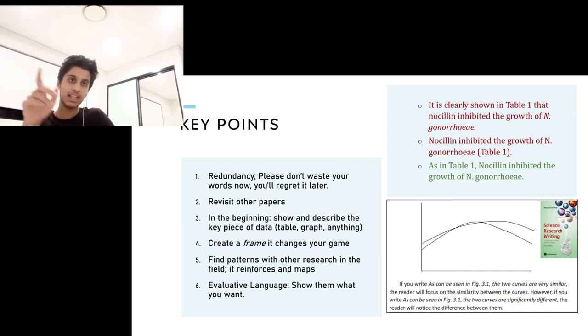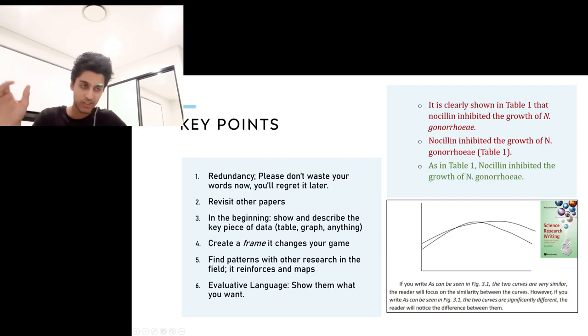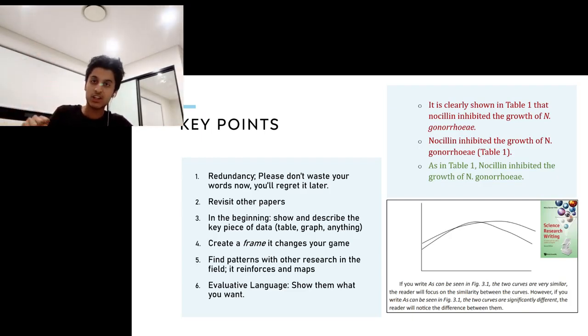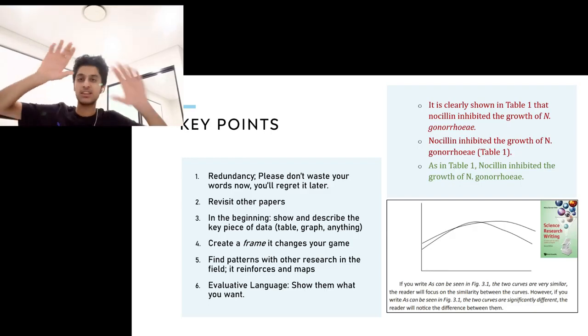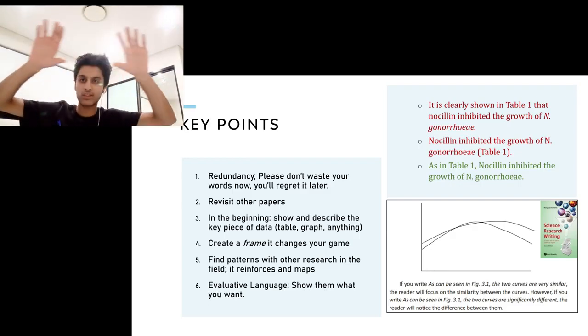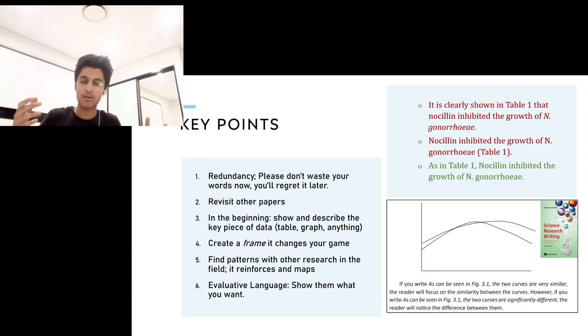Okay. In the beginning, show and describe the key piece of data: the table, graph, anything. If someone's skimming your paper, they only want the key thing. They don't want the other tables that you're not going to talk about much at the start. They want the most striking graph, the one you personally know is the most important, because the reader doesn't know which graph is the most important.